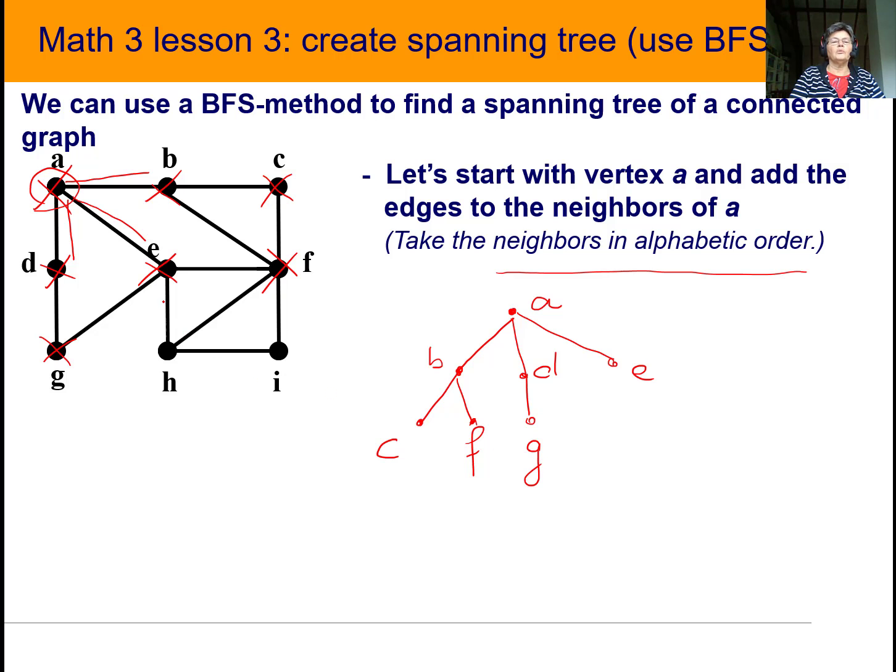And from E we can go to H. So that's another level completed. And then there's only one node left, so let's see. Is it connected to C? No. To F? Yes. So this node should be here, because we have to start from the left again. And then we have made a nice spanning tree with the breadth first algorithm.